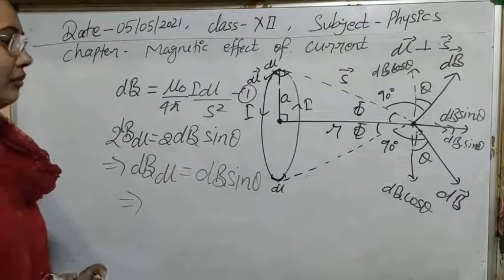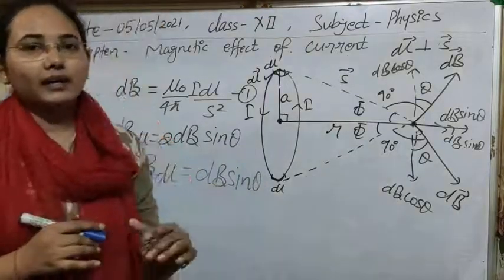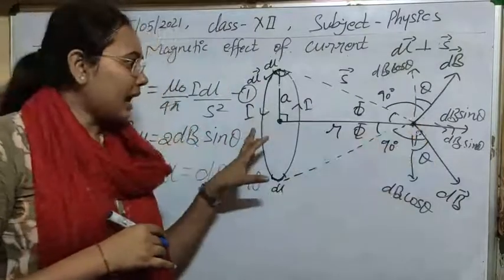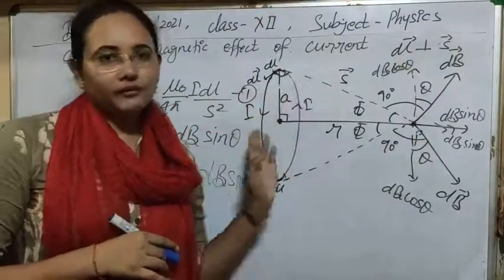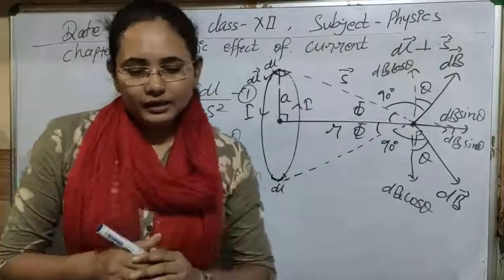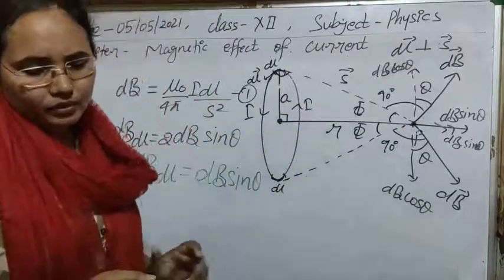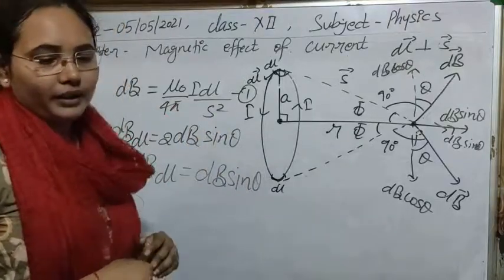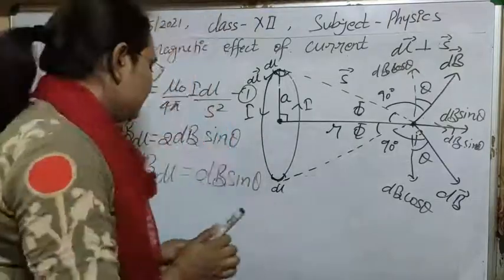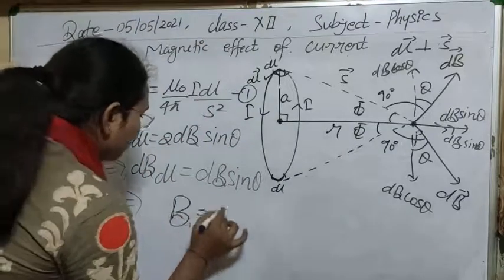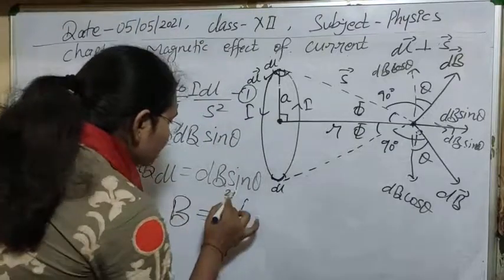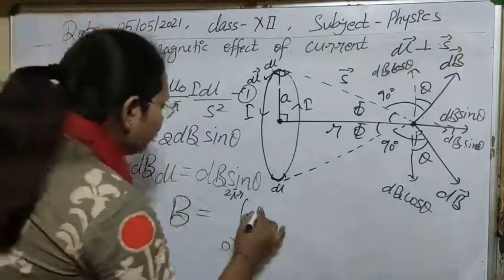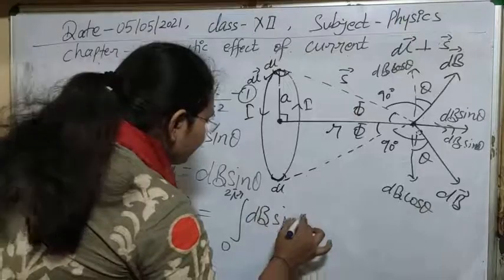Now if we have to find the total magnetic field due to this current loop at this point P, then we have to integrate it over its circumference. So let's just solve it, let's integrate it. Before integrating, we can write the total magnetic field as the integral from 0 to 2 pi r of dB sin theta.